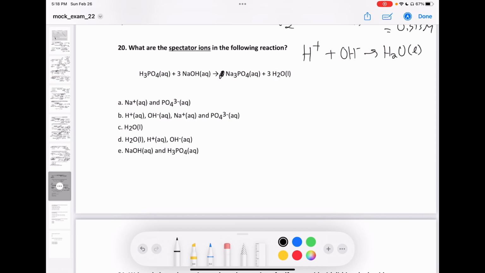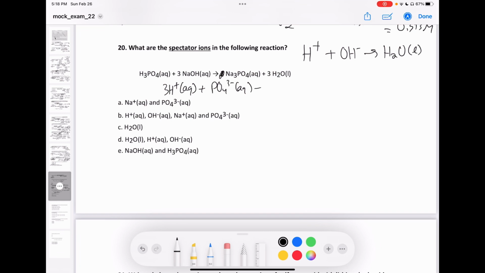So now we should start by trying to write the ionic equation so we can figure out what the spectator ions are, which aren't in the reaction. So then we start with 3H plus aq plus this phosphate anion, also aq. Always remember to write your states.